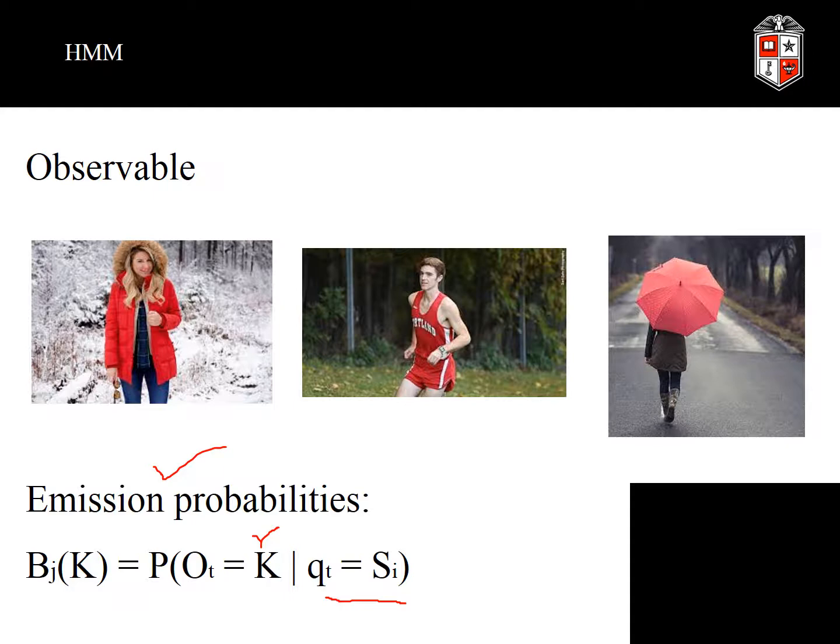This conditional probability establishes our belief about the set of observables that we are seeing. We will use this value in the next slide to see how we can now predict the weather just by having access to this set of observable values.